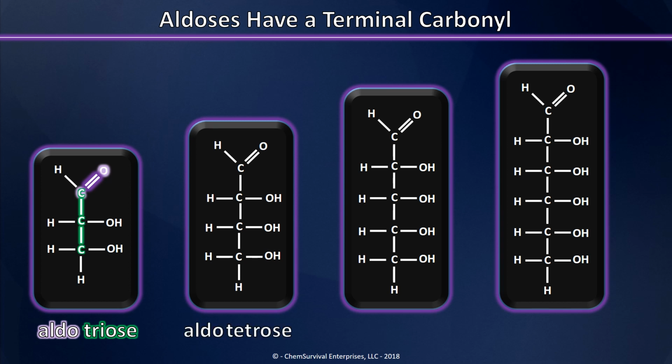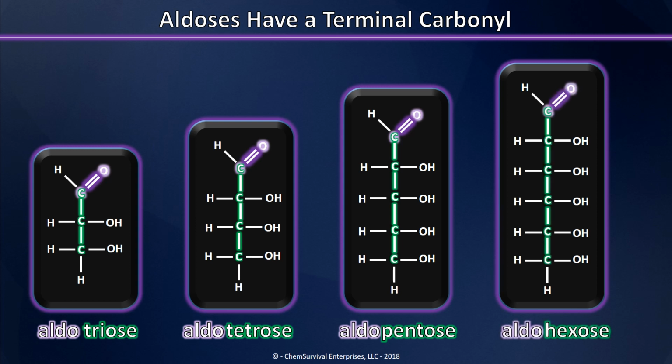The next molecule is an aldotetrose, again because it has the requisite aldehyde functional group and 4 carbons in the chain. And this trend continues naturally to aldopentose with 5 carbons, aldohexose with 6, and so on.